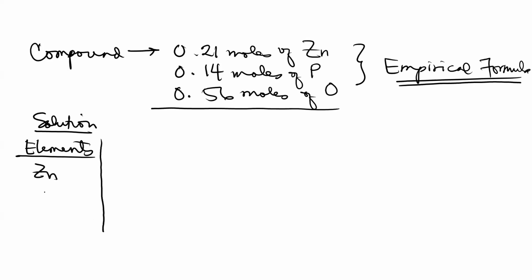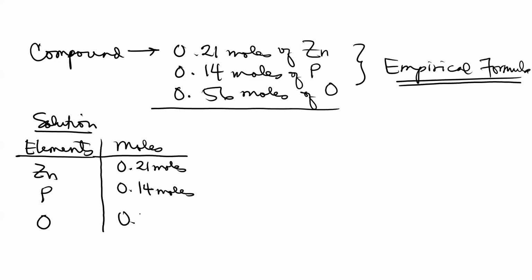Say this is zinc, we have phosphorus, and we have oxygen. Then on the second column, we have the number of moles of each of the elements. So based on the given, we have 0.21 moles for zinc, 0.14 moles of phosphorus, and 0.56 moles of oxygen.